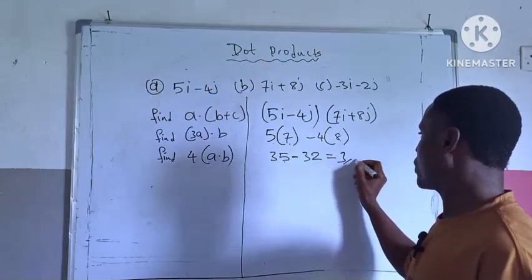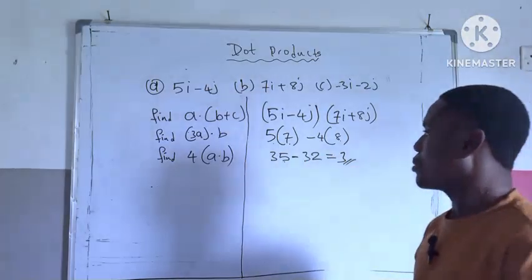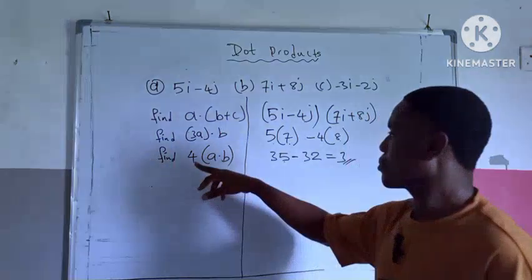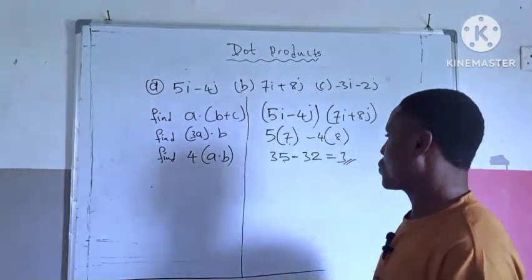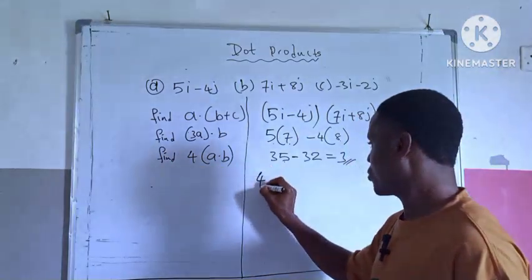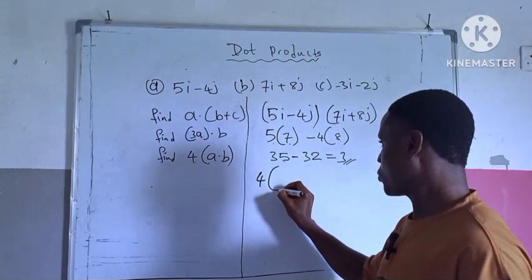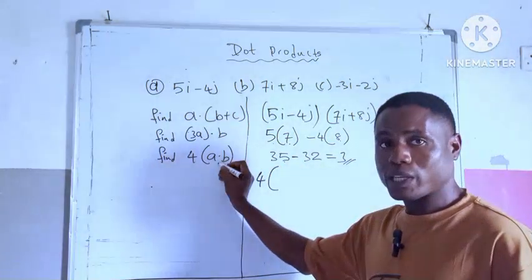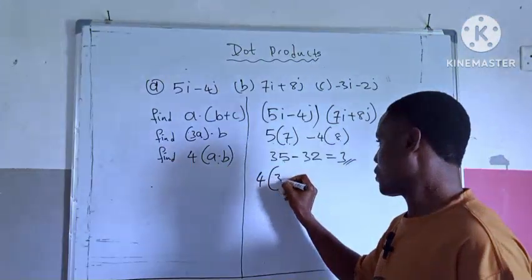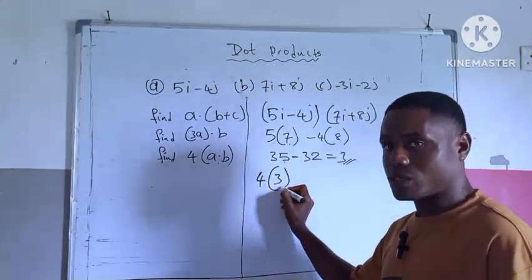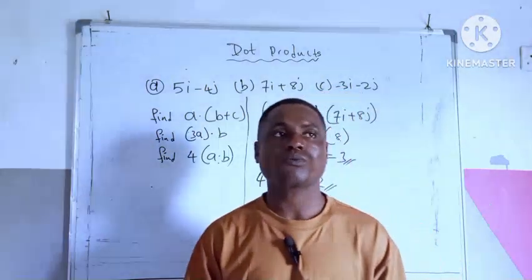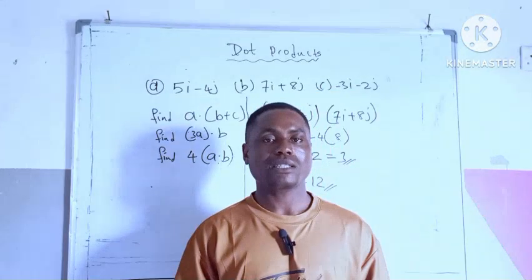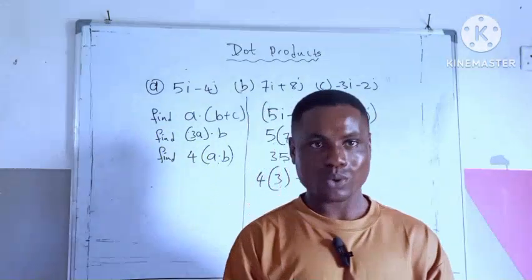Is 3. So now what is remaining? 4, right? So it will now be 4 bracket open. The value of A dot B is now 3, right? So 4 times 3 is what? Is 12.